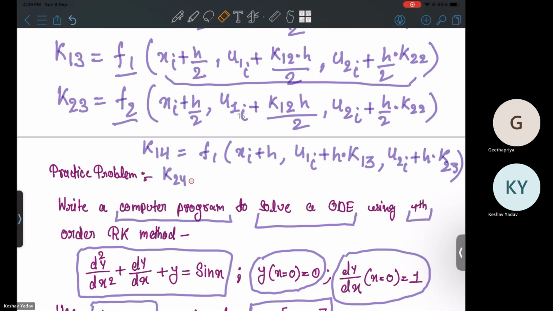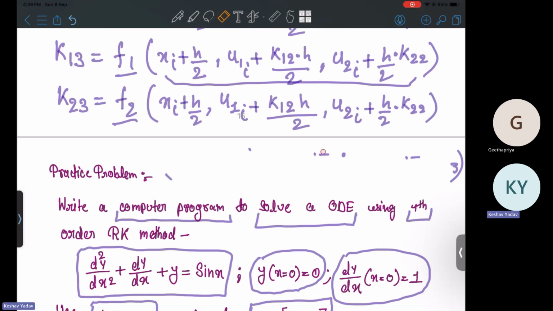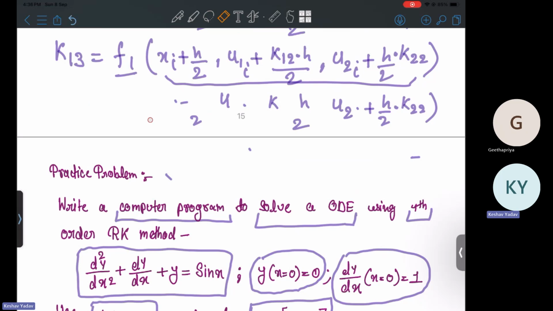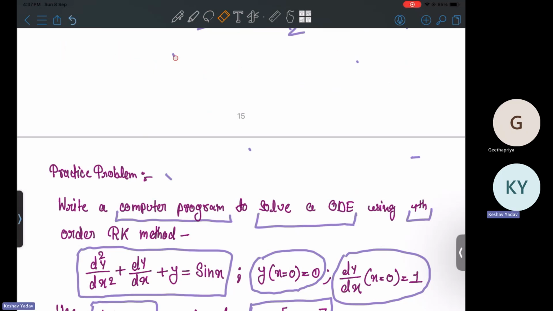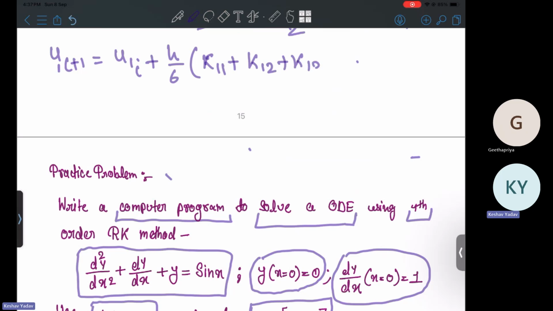Okay. So from here we will find the k values. Once we have found the k values, we can find the u values. How can we find the u values? u1 of i plus 1 will be equal to u1 of i plus h by 6 times k11 plus 2 times k12 plus 2 times k13 plus k14.